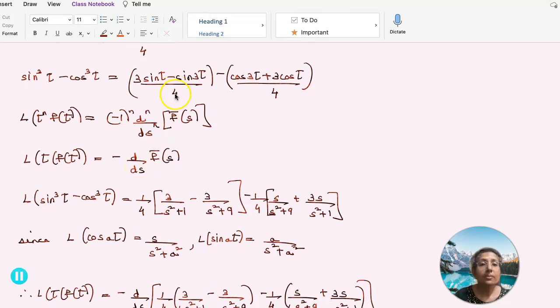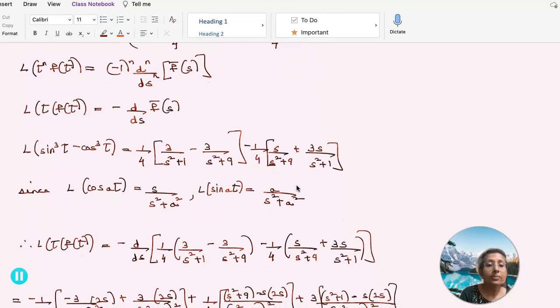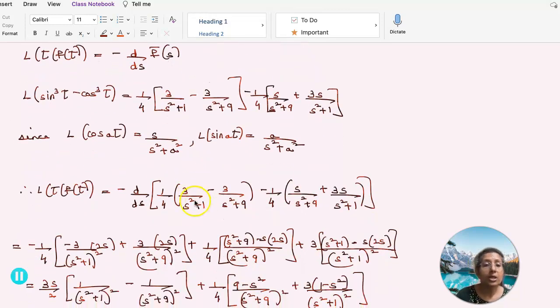This becomes 3 by s squared plus 1 minus 3 by s squared plus 9, because the Laplace transform of sine at is a by s squared plus a squared. The Laplace transform of cos at is s by s squared plus a squared. So for cos 3t you get, again taking out the minus 1 by 4, s by s squared plus 9 plus 3s by s squared plus 1 for cos t. So the Laplace transform of t f(t) will be minus d/ds of this.